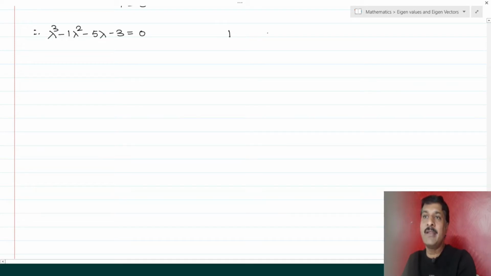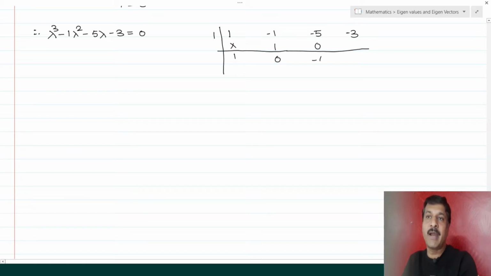Here 1, minus 1, minus 5, minus 3. So you try for 1, then minus 1. I am getting here 1, 1 into 1 here, it is 0, 1 into 0 here 0, minus 5 and here minus 5, which is not equal to 0.